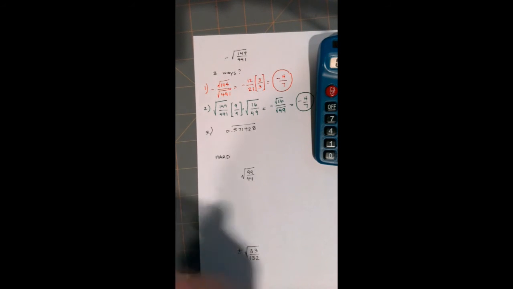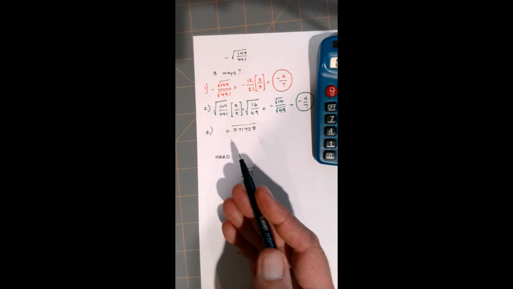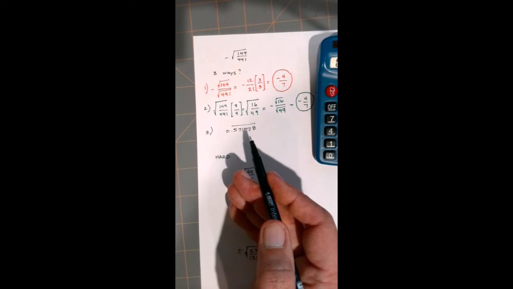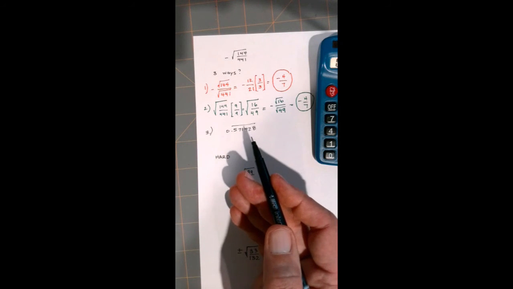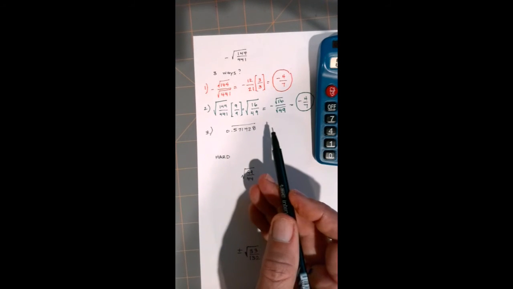So I will tell you, if you put this, I'm going to take off at least half credit because I don't like dealing with this, right? So you have a few choices. You could memorize that 571428 is 4/7.